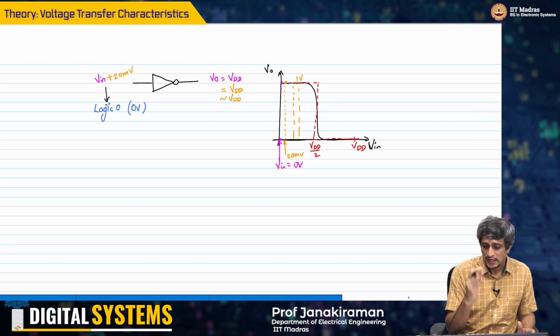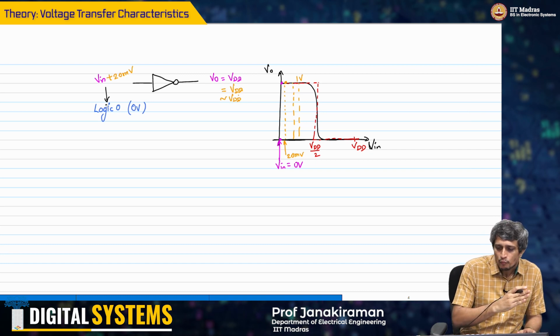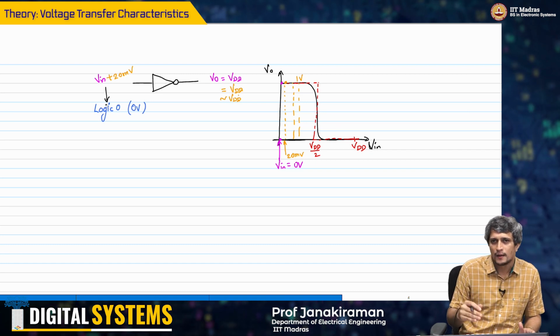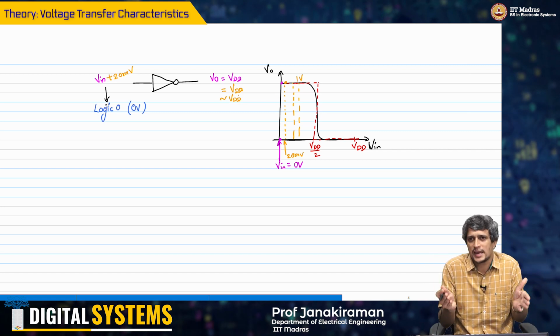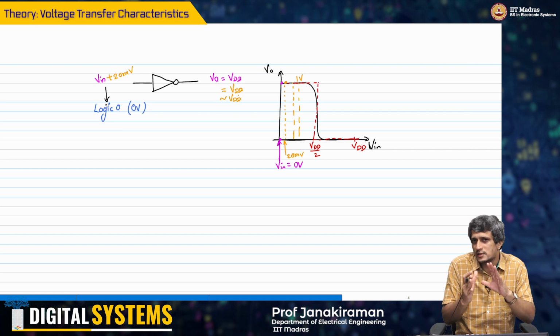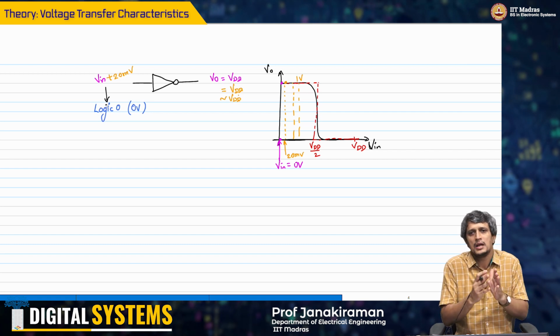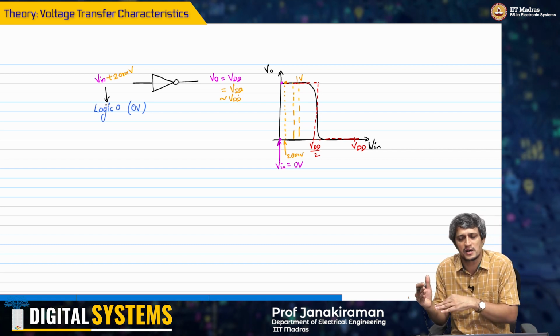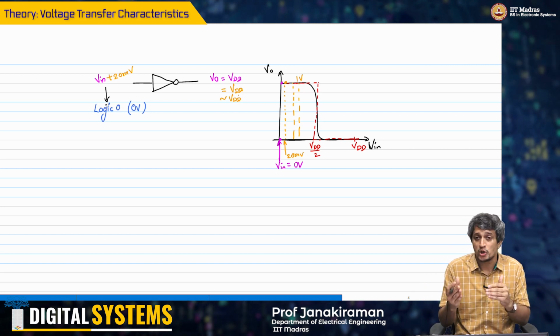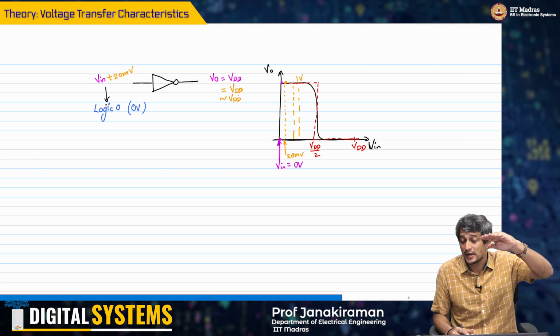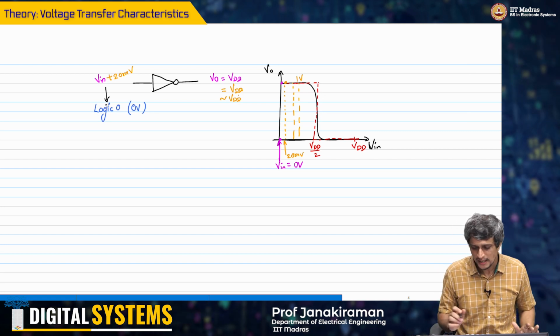Okay. So, fundamentally, I can already see that there is a range, even in the practical case, which I can consider as input logic 0, and there is a range which I can consider as input logic 1, okay, where the output is guaranteed to be VDD, I mean very close to VDD, right.